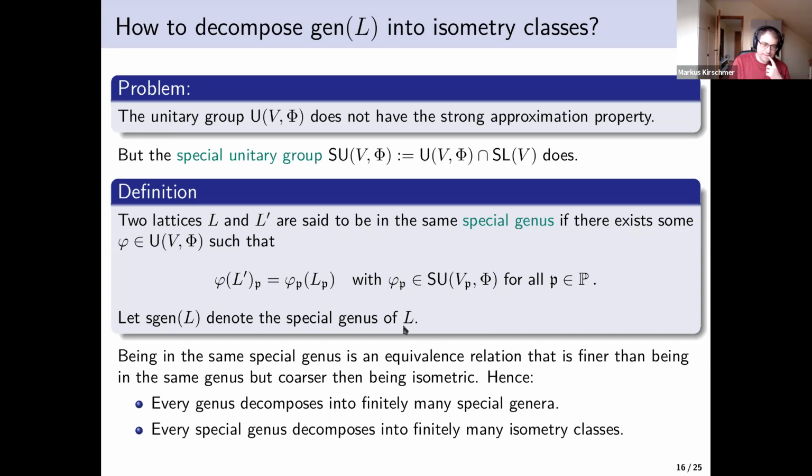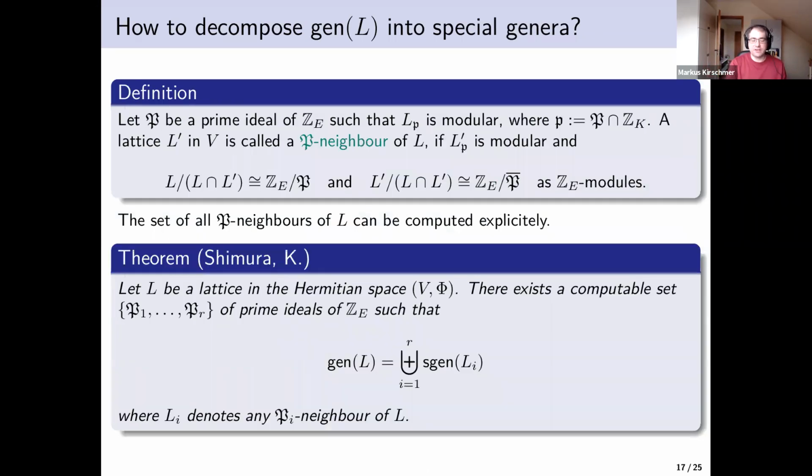And this actually defines an equivalence relation which is finer than being the same genus, but coarser than being isometric. So this tells us that the genus decomposes into finitely many special genera, and each special genus decomposes into finitely many isometry classes. So we do this decomposition of the genus into isometry classes in 2 steps. I explain first how to decompose into special genera, and then we decompose the special genera into isometry classes.